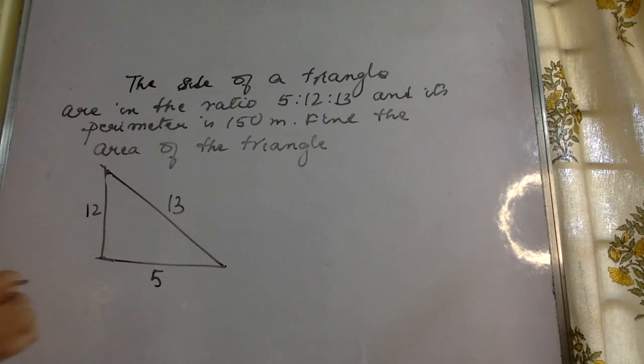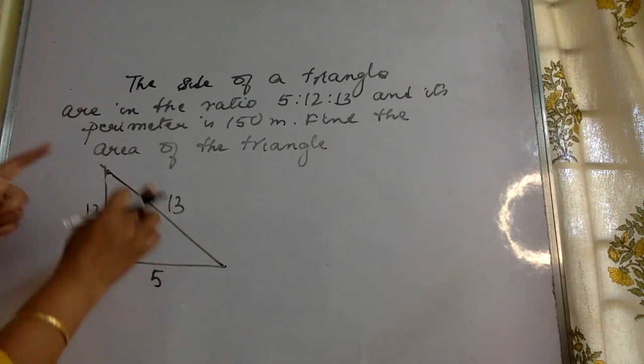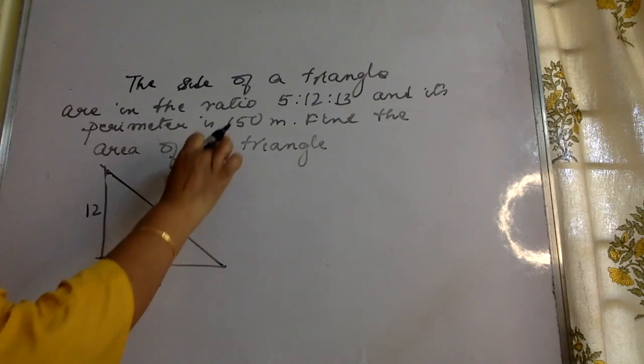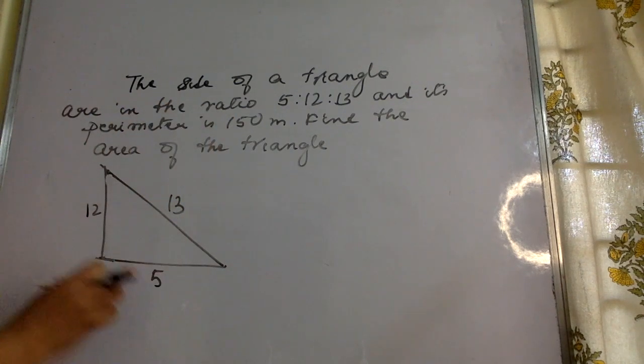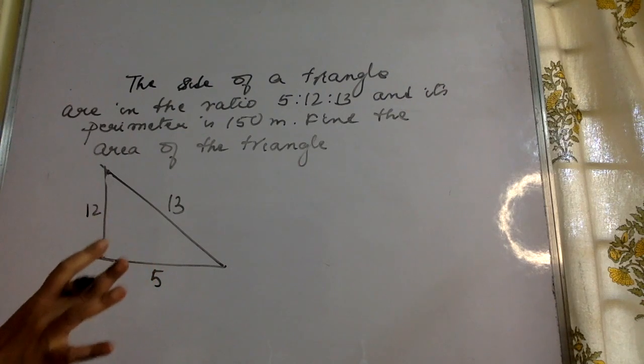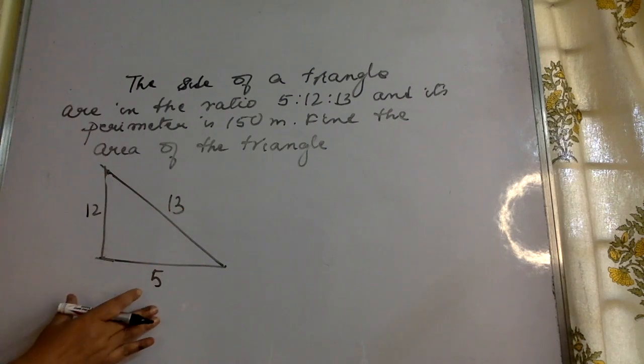Now, how to convert them back to lengths? Unless we convert them back to lengths, we cannot equate them to the perimeter, because perimeter is a proper length and these are left out factors. Common factors have been cut out and these are the left out parts of the lengths.